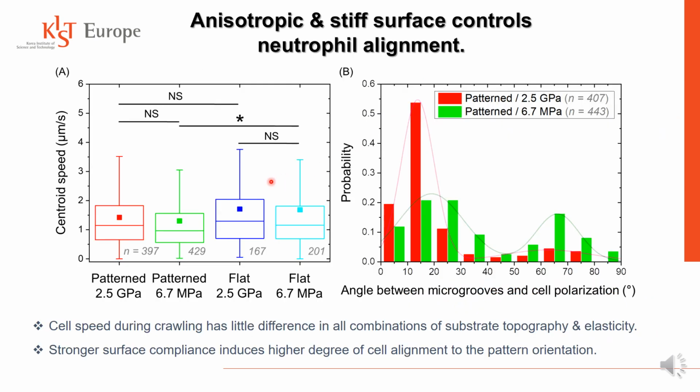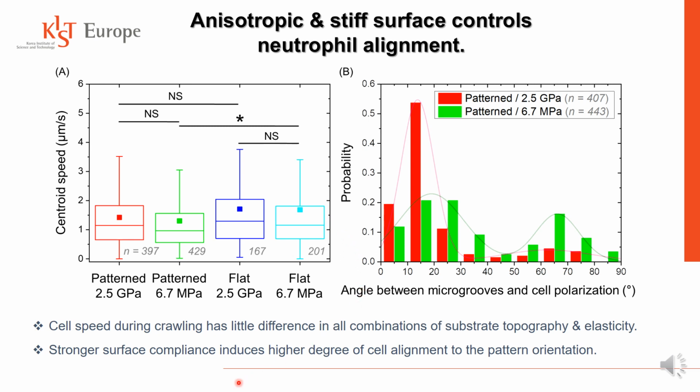When we repeat this experiment for many neutrophils by testing 4 different combinations of 2 topographic conditions, patterned and flat, and 2 different elasticities, 2.5 gigapascals and 6.7 megapascals, it appears that the cell speed during crawling has little difference in all combinations of substrate topography and elasticity.